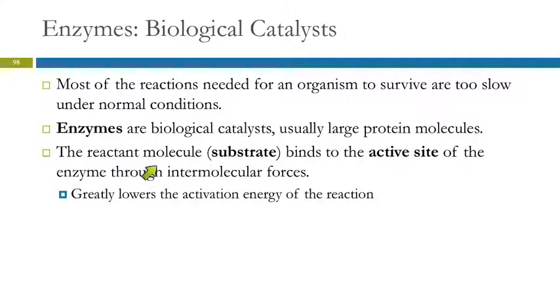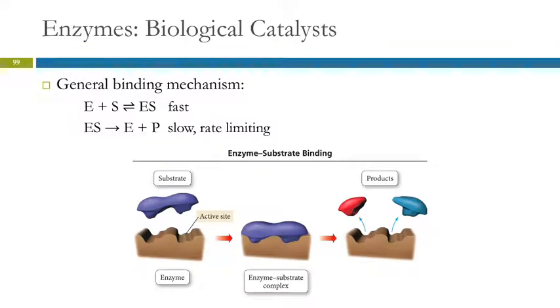The reactant molecule, called the substrate, binds to an active site on that enzyme, and that occurs through intermolecular forces, sometimes covalent bonding, but usually it's dipole-dipole forces, hydrogen bonds, van der Waals forces, those sorts of things. When the substrate is attached to the active site, it lowers the activation energy of the reaction, which causes the reaction to go faster.